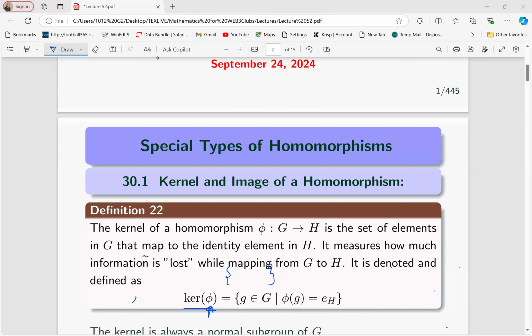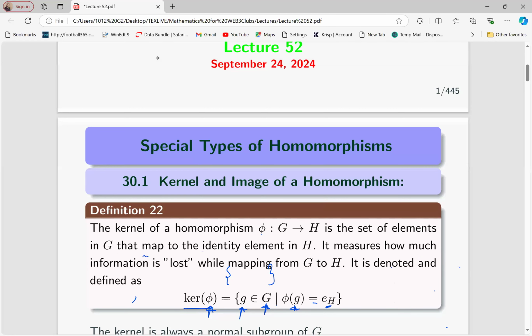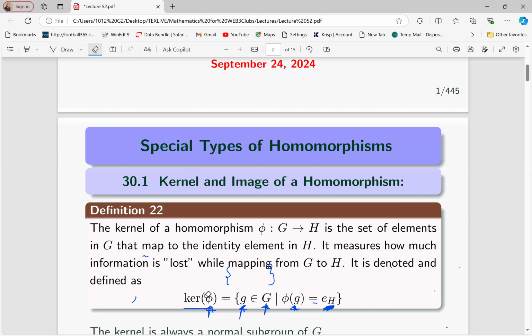So it is the set comprising elements g which are in the domain G, such that that g is mapped to the identity in H. That is what we call the kernel of a homomorphism.